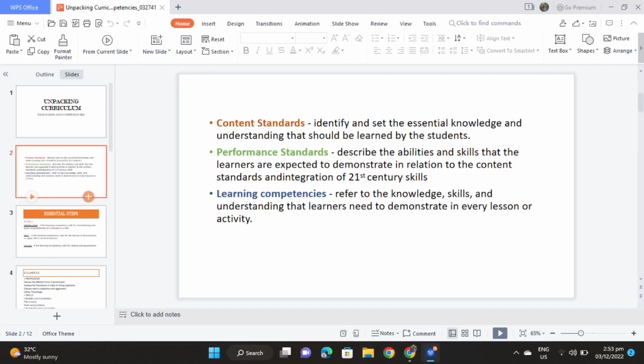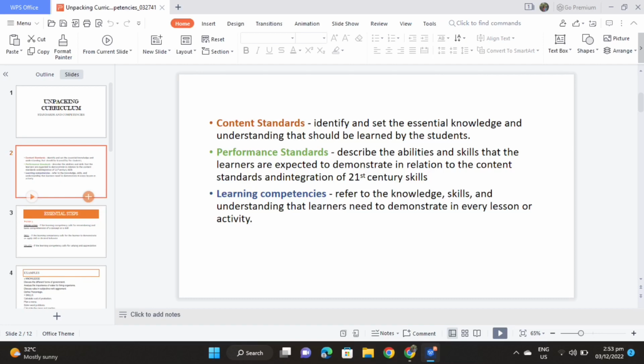In this topic, they describe the knowledge and skills that students should attain, often called what students should know and be able to do. Performance standards describe the abilities and skills that the learners are expected to demonstrate in relation to the content standards and the integration of 21st century skills.